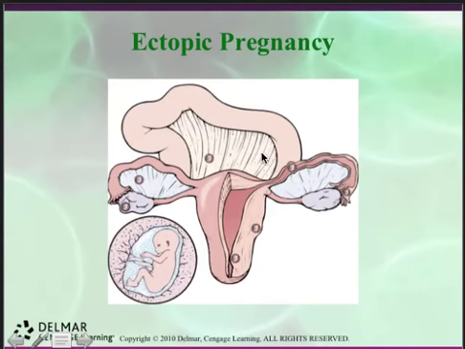And again, these are all infused with blood, so they're all going to provide nourishment to the developing baby. The problem is that we can't sustain the pregnancy outside the uterus, and the result is often the need for surgical abortion.